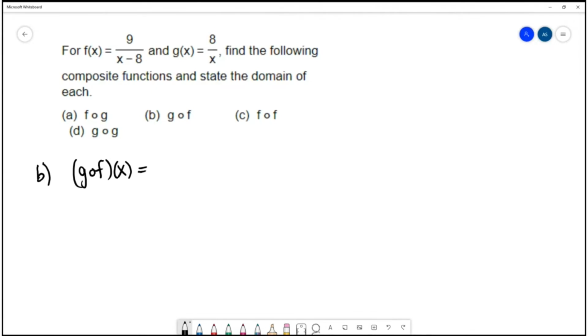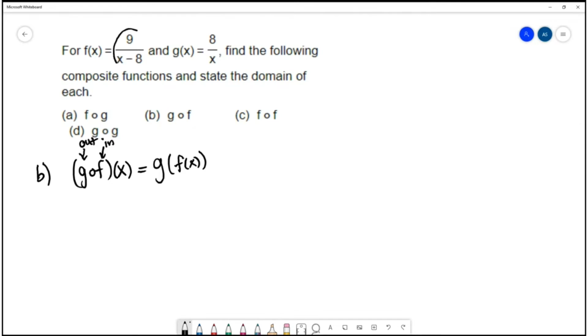And once again, this notation of composing is substituting one function inside the other. The one before our symbol is the outside. The one after our symbol is the inside. We're going to have g of f of x.